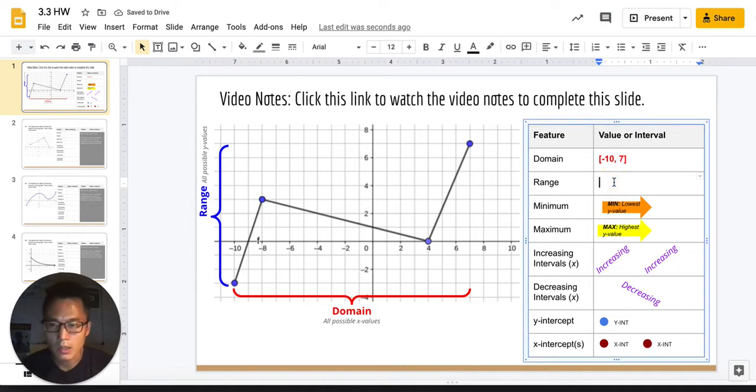And so now we're talking about y values. So that lowest point has a y value of -3, and the highest point has a y value of +7. So in interval notation, I'm going to write -3, 7. And I'm using closed square brackets again because we are including the endpoints. The endpoints are filled in on the graph.